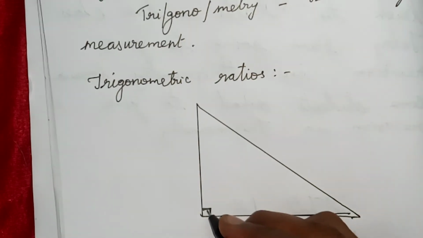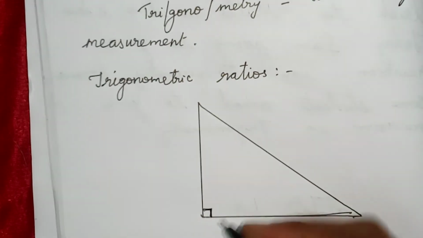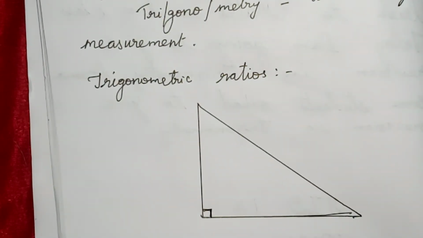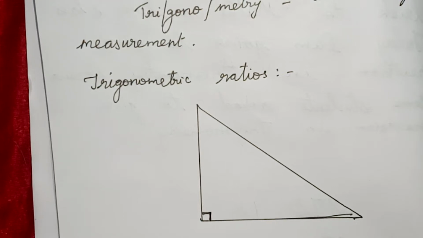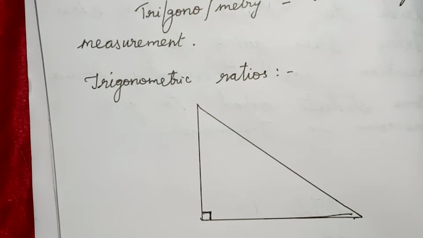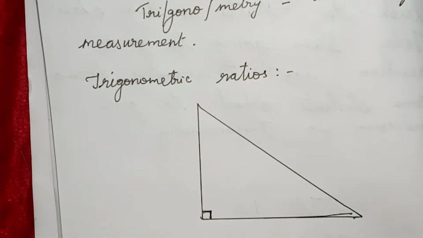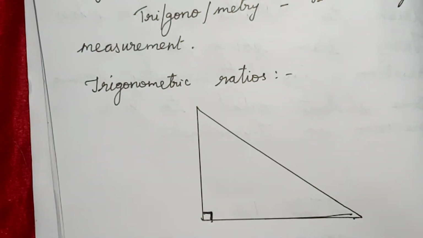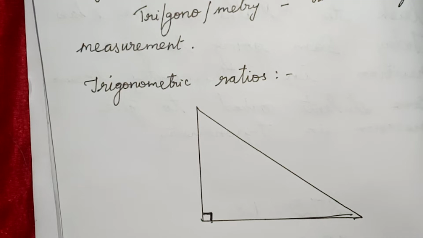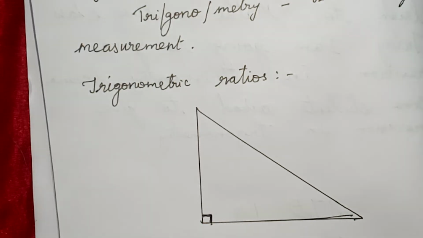First, here it is a right angle triangle. How can we say it is a right angle triangle? If in a triangle one angle is 90 degrees, that is a right angle. Here this angle is 90 degrees, so it is a right angle triangle. In a right angle triangle, first I am selecting a side.